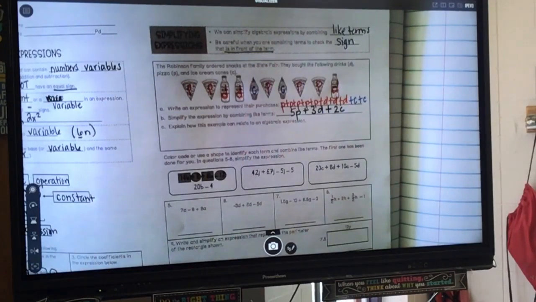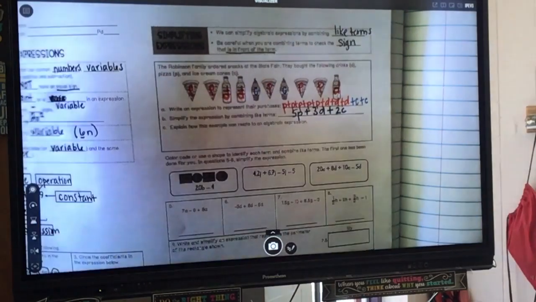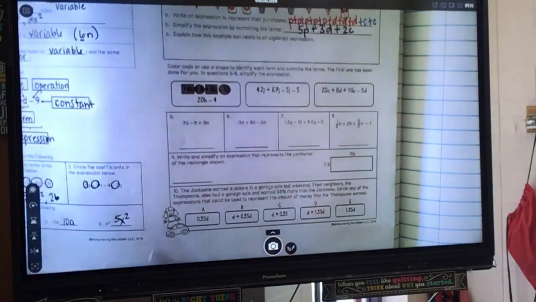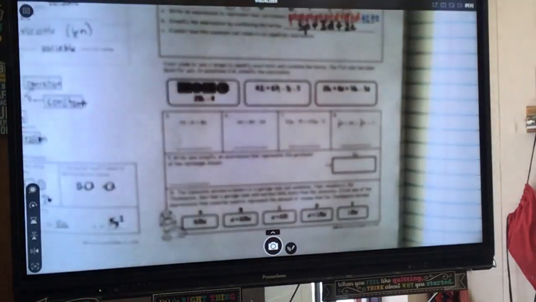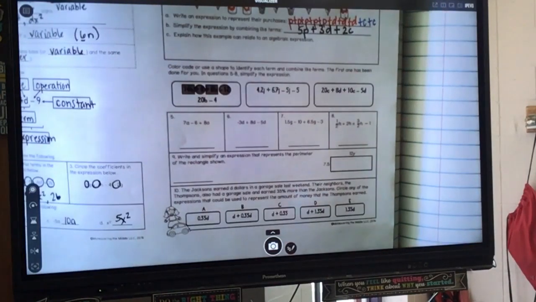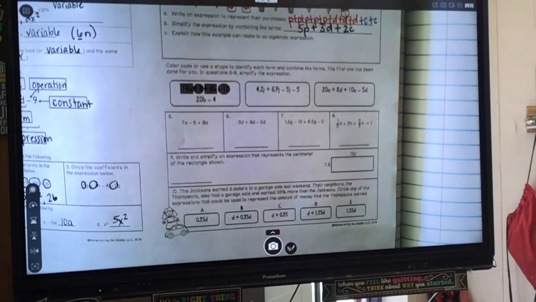Now, this next part says color code or use a shape to identify each term and combine like terms. The first one has been done for you, and questions 5 through 8 simplify the expression. On this piece of paper you are using color.